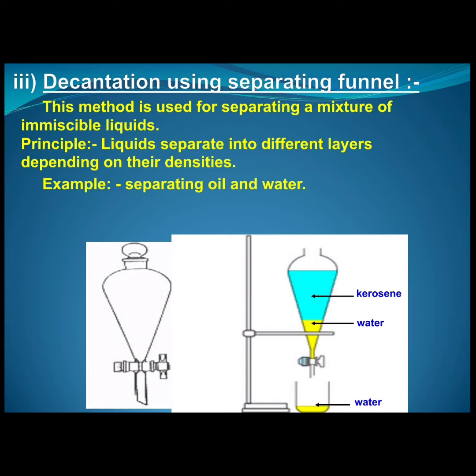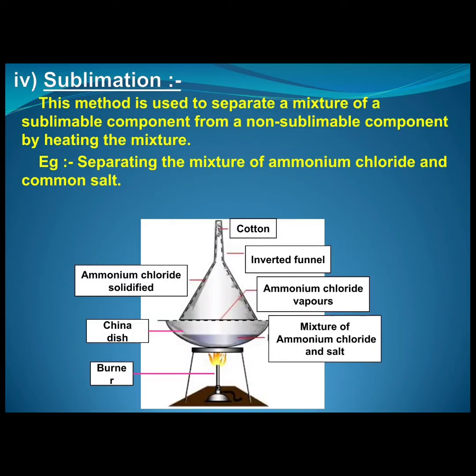As you can see in the diagram, the water which is denser is towards the lower end, and we can separate out the water, and the other one, that is oil, will remain in the funnel, and after removing water in the other beaker we can remove the oil also. Let us go to the next one, that is sublimation.